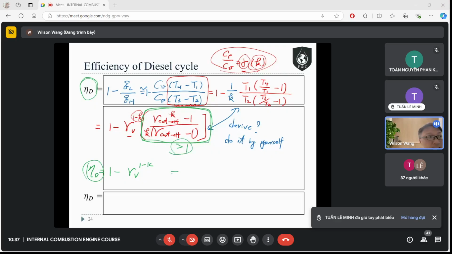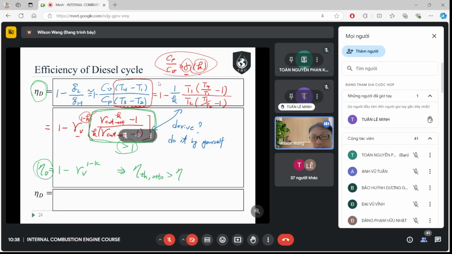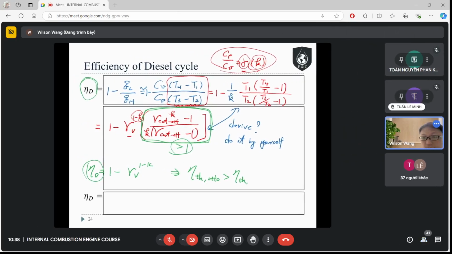So we can say the efficiency of the Otto cycle is larger than the efficiency of the diesel cycle.